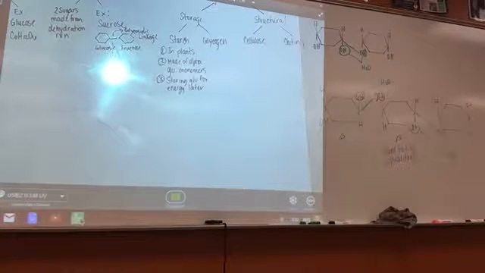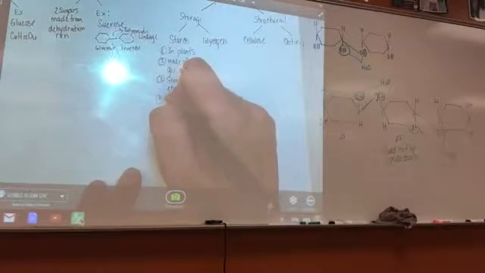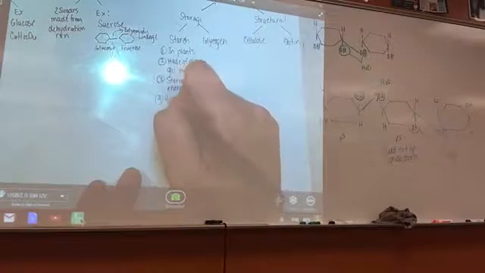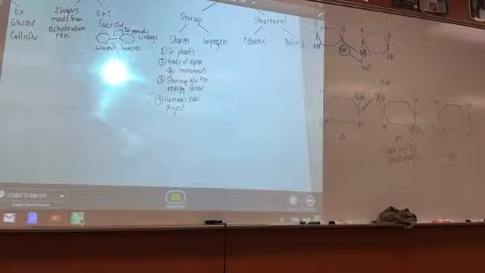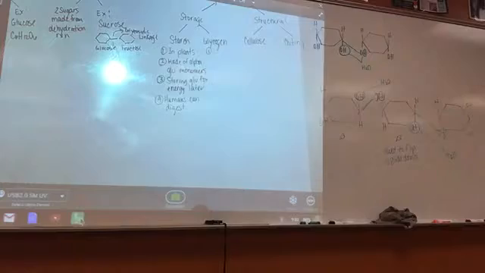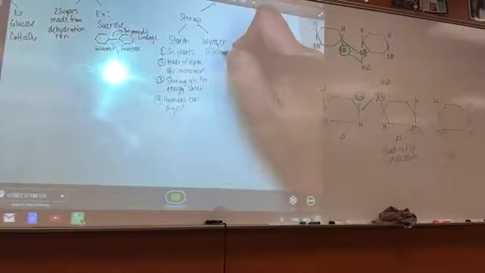Anything else we can put for starch? Can we digest starch? Yes, we can digest starch, so humans can digest that. All right, so that's your starch. Glycogen is not found in plants. Glycogen is found in animals, right?